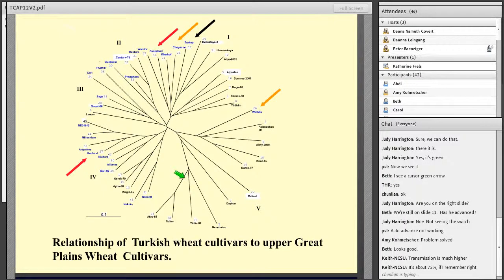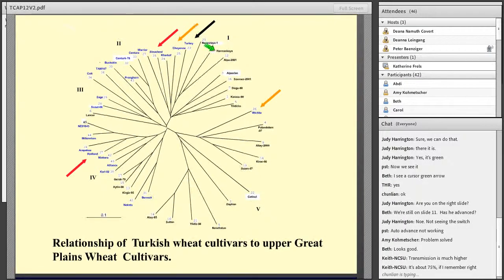What you'll see is that by and large, the Turkish wheats do cluster by themselves. Okay, they're the black ones here. Interestingly, if you look at this, you'll see Wichita clusters with the Turkish ones. Doesn't cluster with the rest of the Great Plains. Okay, so that's kind of an interesting outlier.